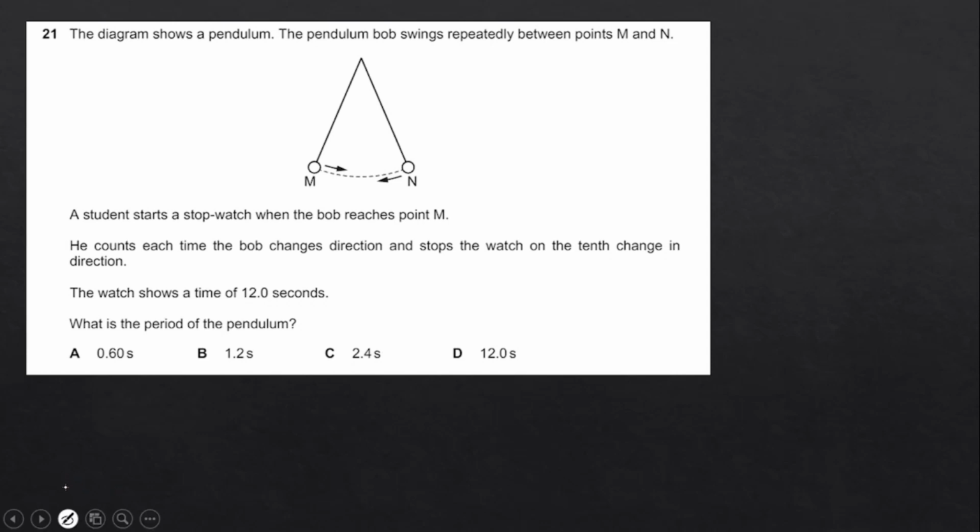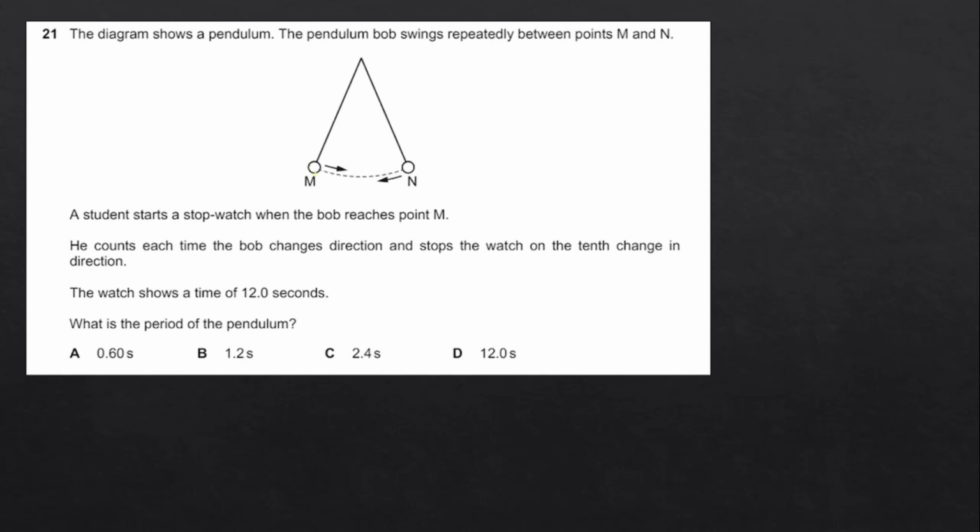Now let's try to understand how the measurements are being taken. Every time the bob changes direction, the student counts. So if it goes back and forth, it will be counted as 1 and 2.